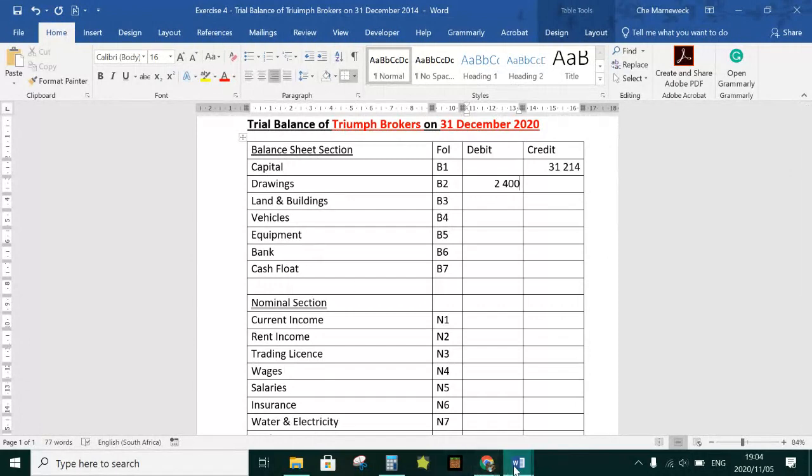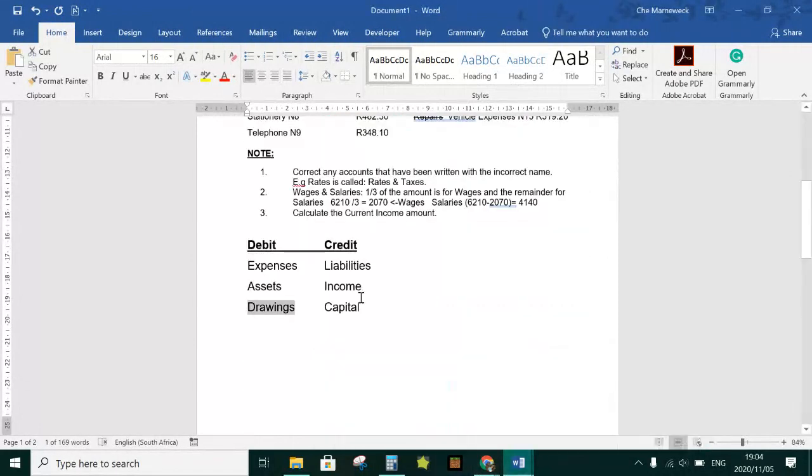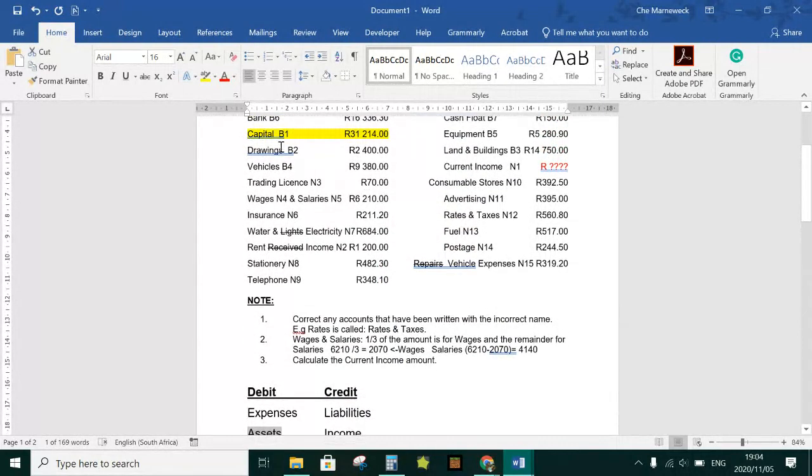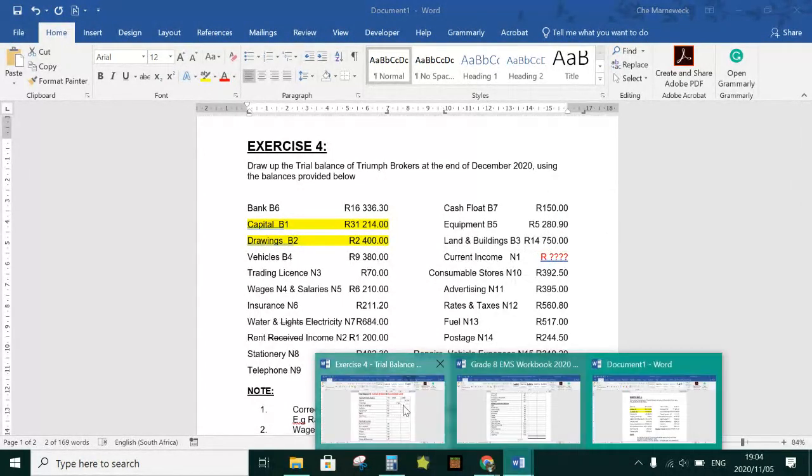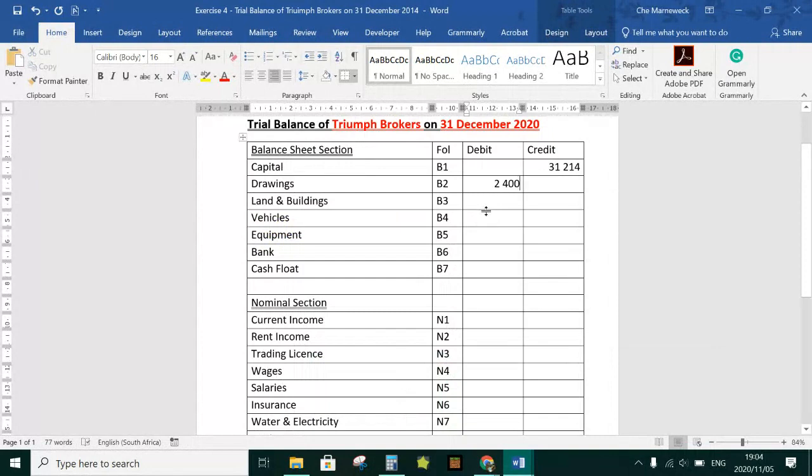What do we do to any type of asset? Debit. So we can scratch that out. Land and buildings is 14,750, debit.